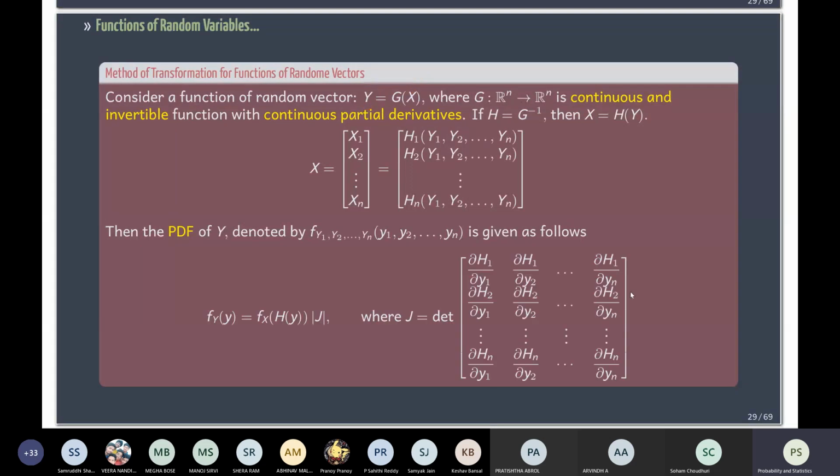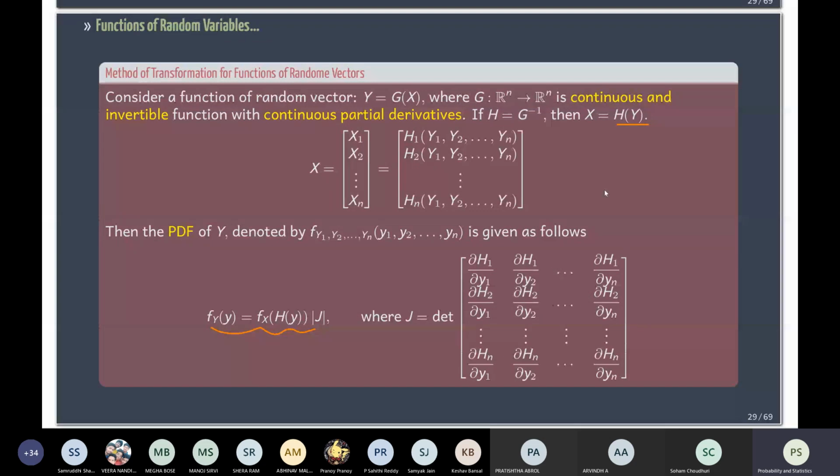That is the general definition of the method of transform. It looks more compact now because we have used vector notation, H of Y. In fact it is H1 this, H2 this, and so on. Then we have the absolute value of the Jacobian, which is the determinant of this matrix.